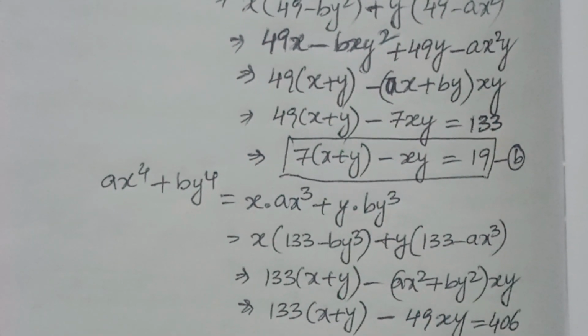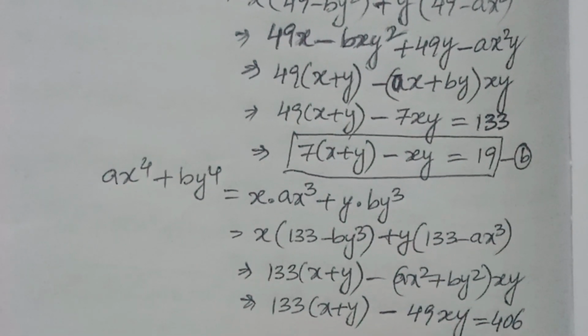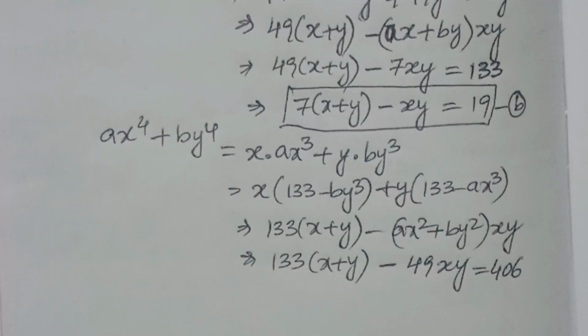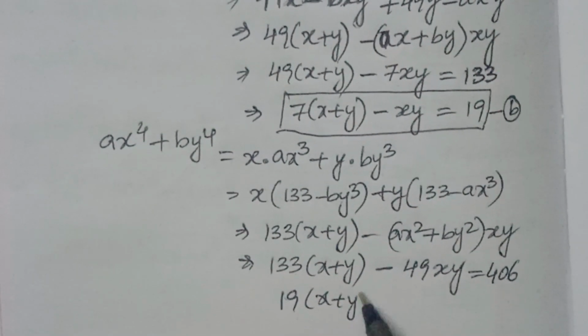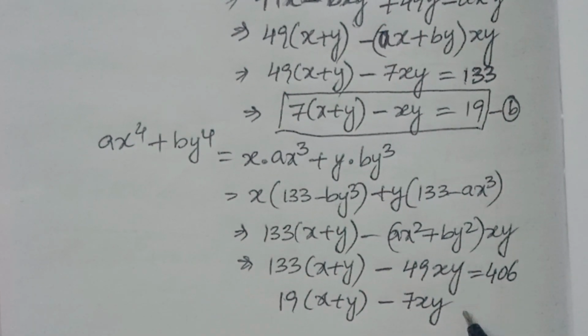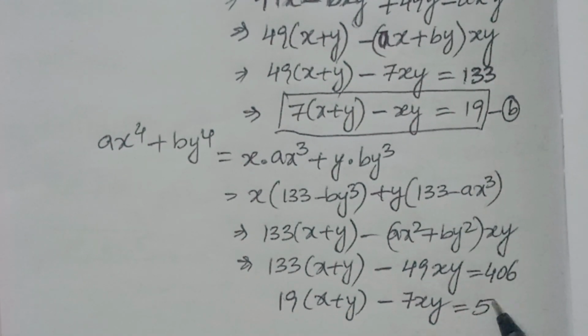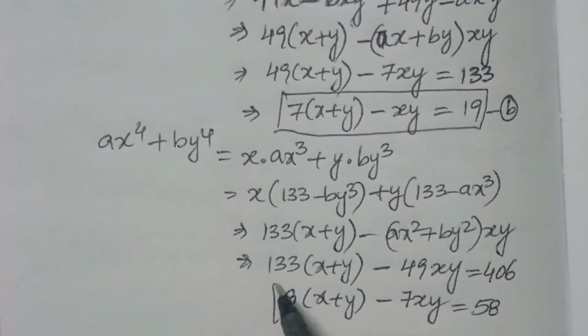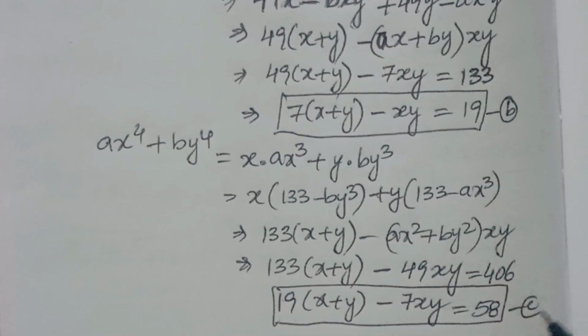So here you can take 7 common: 19 into (x plus y) minus 7xy is equal to 58. So this is equation C.